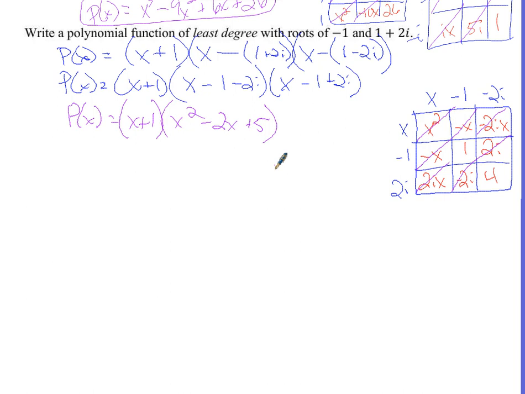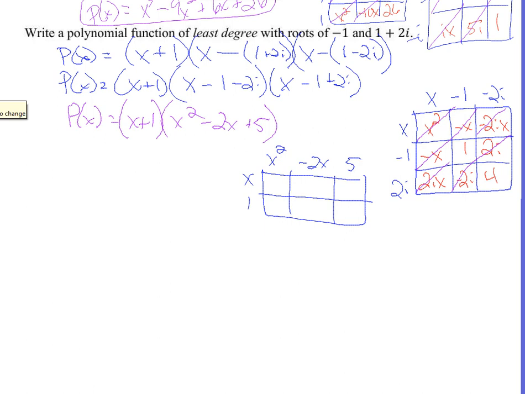Now what? Your next box, 3 by 2. x here, 1 here. x squared. Okay. What is my top row going to be? Good. Okay, bottom row.